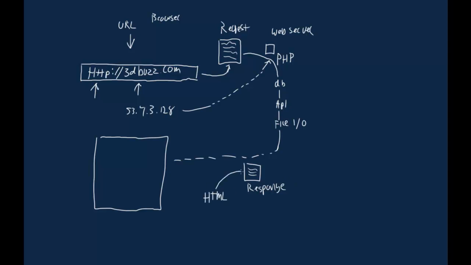This HTML is inside of this response. The purpose of PHP, in a very general sense of the word, is to take a request from a browser, turn it into HTML, and give it back. When the HTML gets packaged into a response, our browser then renders it. And we get a web page.